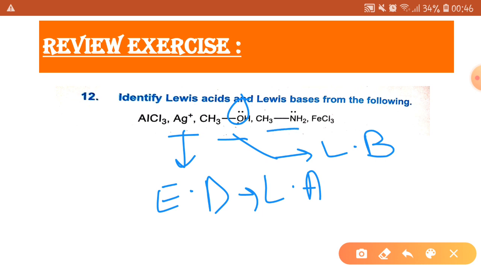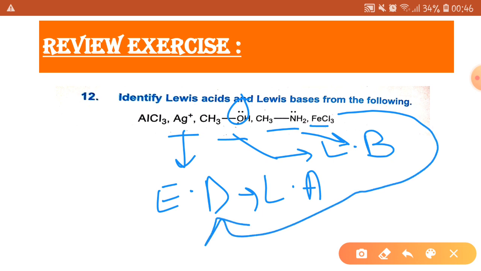Same is the case for methylamine. In methylamine there is a lone pair of electrons on the nitrogen atom, and since the octet of the nitrogen atom is complete, it will also act as a Lewis base. Now iron trichloride is an electron deficient species. So it will act as a Lewis acid.